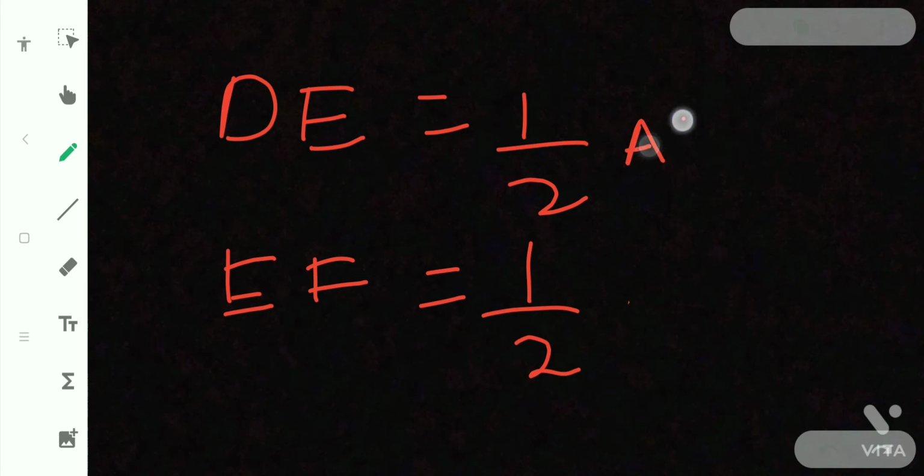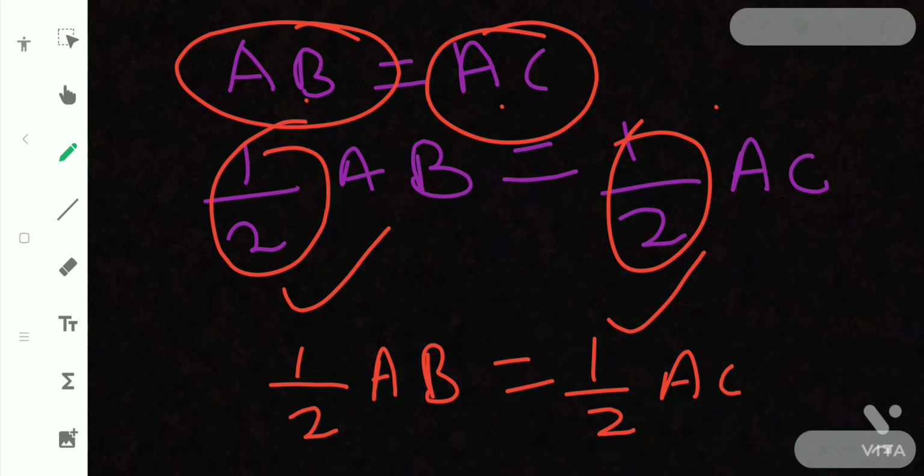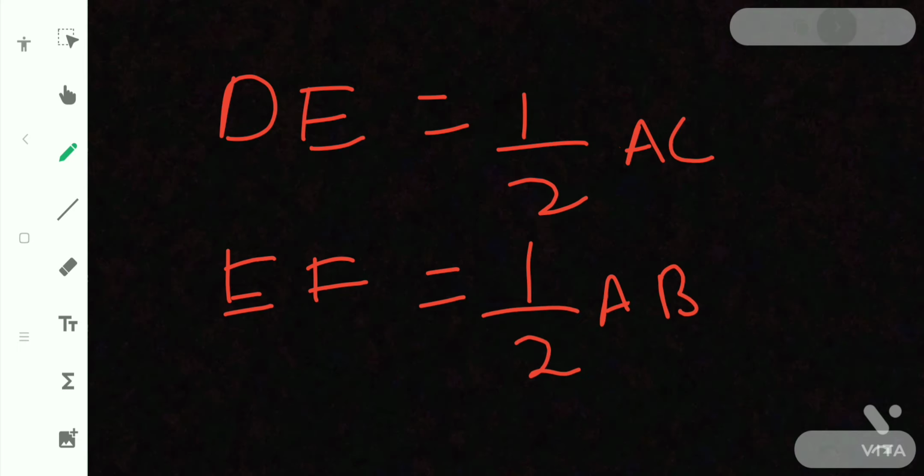This one is AC and this one is AB. So now we know half of AB is equal to half of AC. I have proved it here.